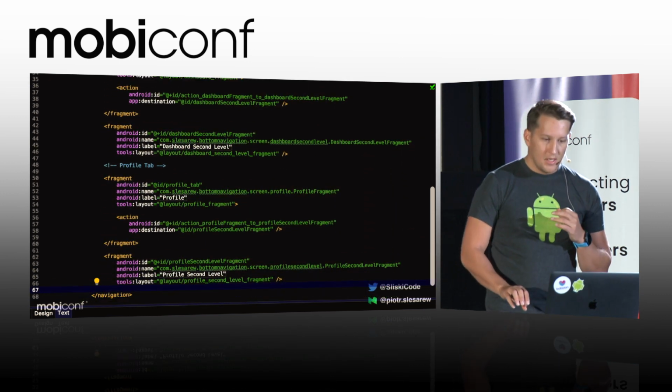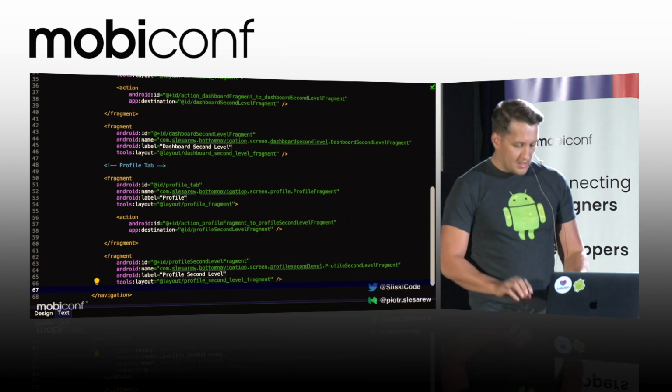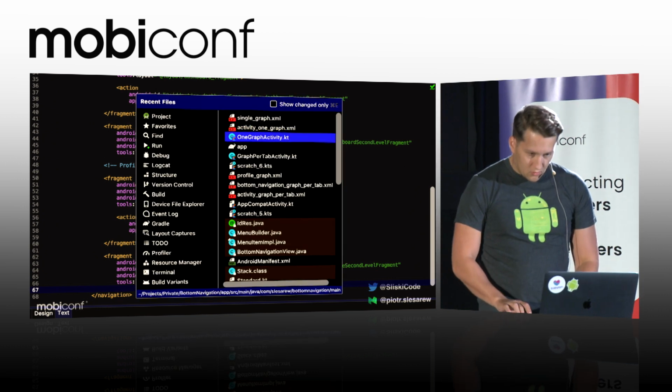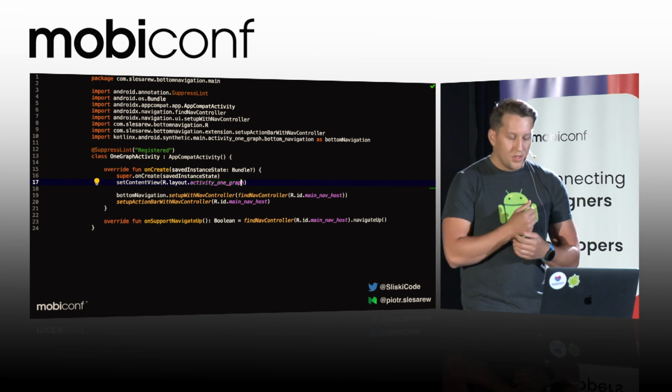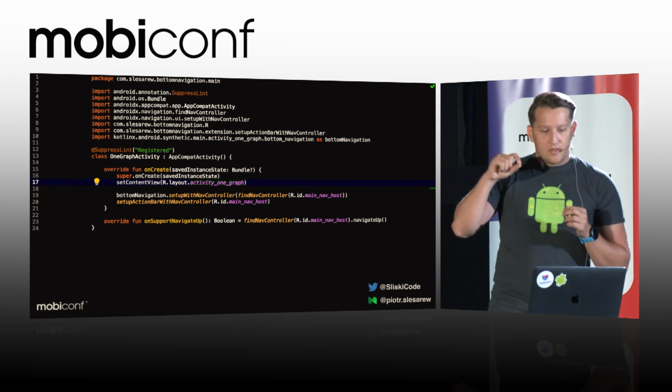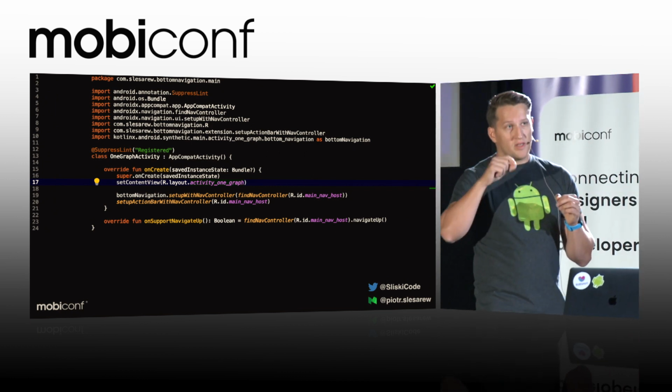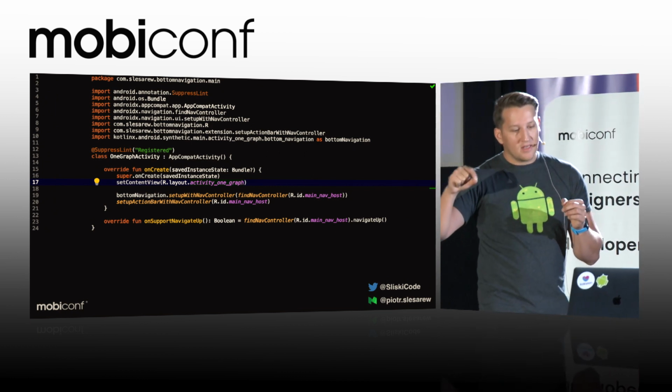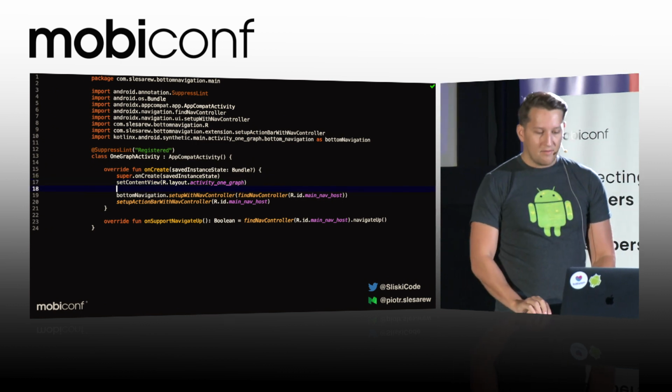That's awesome. Now let's go back to one activity graph. Here we have a bottom navigation set up with the navigation controller, and we are finding the controller in main nav host.